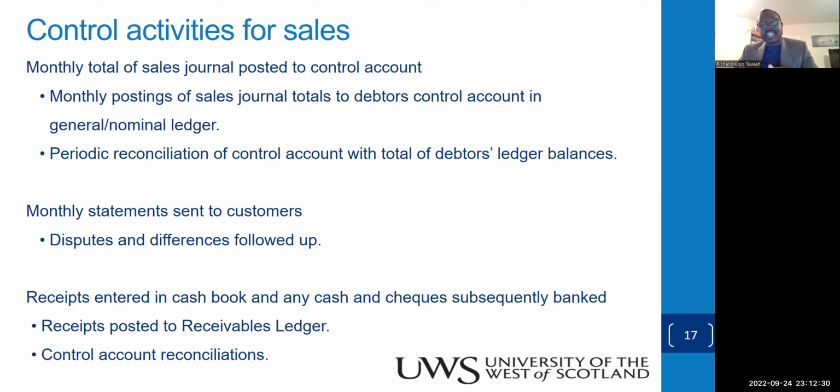We also have to send independent notes, statements, some form of confirmation to the customers. I'm talking from the perspective of the company, so we have to send independent or monthly statements to the customers. Then they will tell us, oh, the balance is correct. Or, no, I disagree with these balances because I paid you some cash, I sent in some checks.